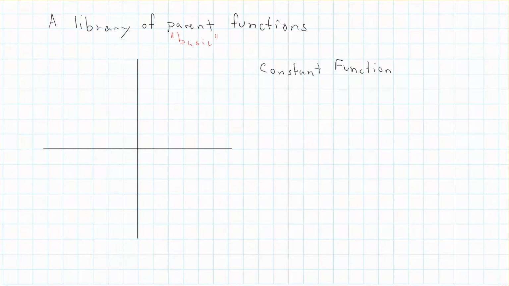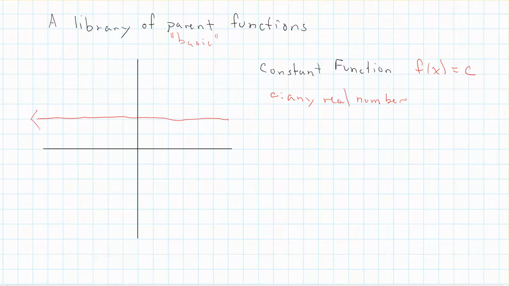And this is represented by f of x equals c. And here, c is any real number. So the key thing here, if we were to actually plot this, I'll just give an example. I'm not going to give it a specific number.